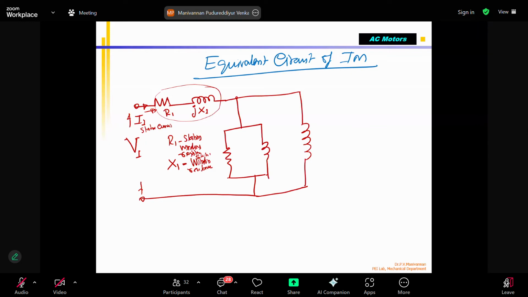Then this current I1 coming here divides into two parts. One is called IM, the other one is called I2. You can note down, I2 is called the rotor current referred to stator.